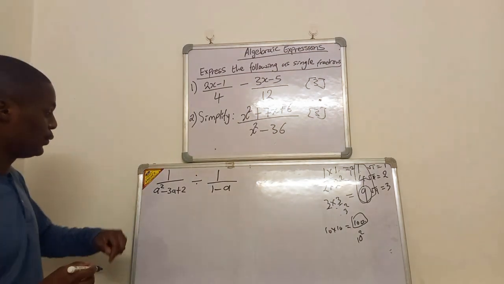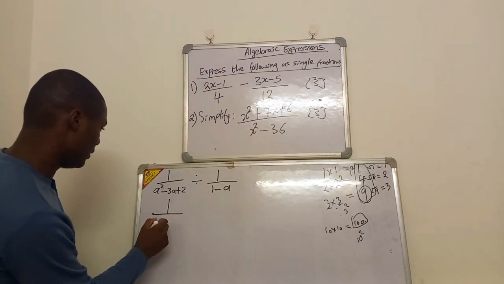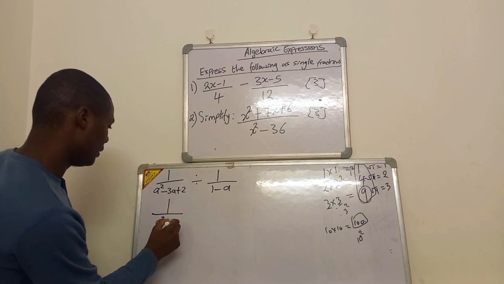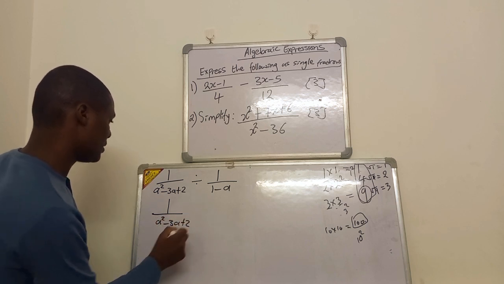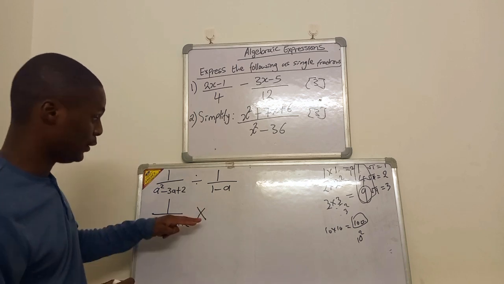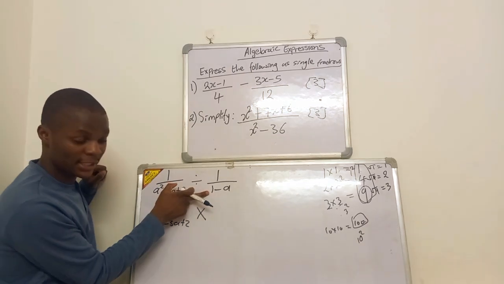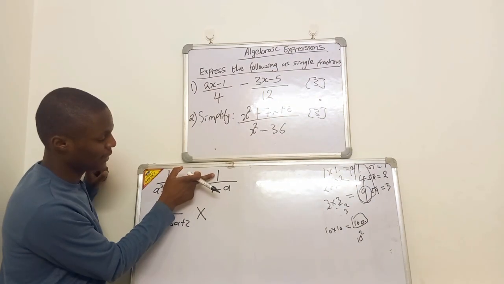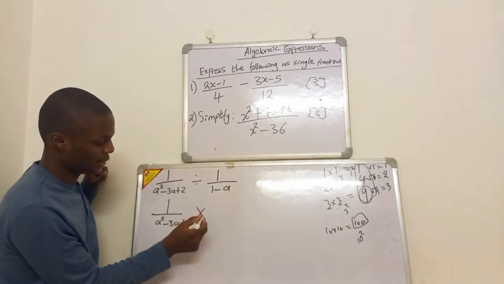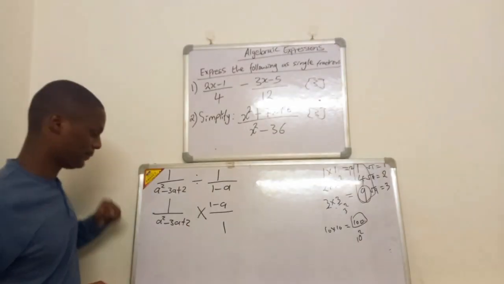So what am I going to do now? If I do this, I have to invert. Let my denominator be the numerator and my numerator be my denominator. So now I have 1 minus a over 1.